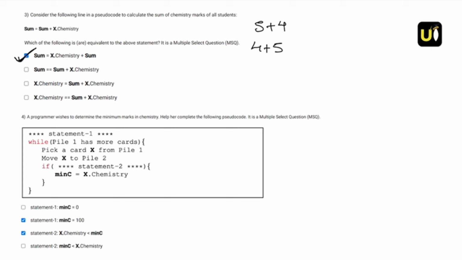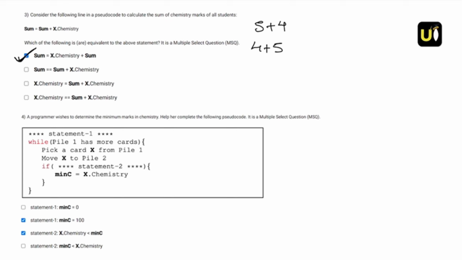Next, sum double equal to sum plus x chemistry. So this is for checking equality, and this is not an assignment statement. So mathematically this will be wrong because both these values are the same, so this would be cancelled, and x chemistry would be like 1, so this is not correct. Next, x chemistry is equal to sum plus x chemistry.